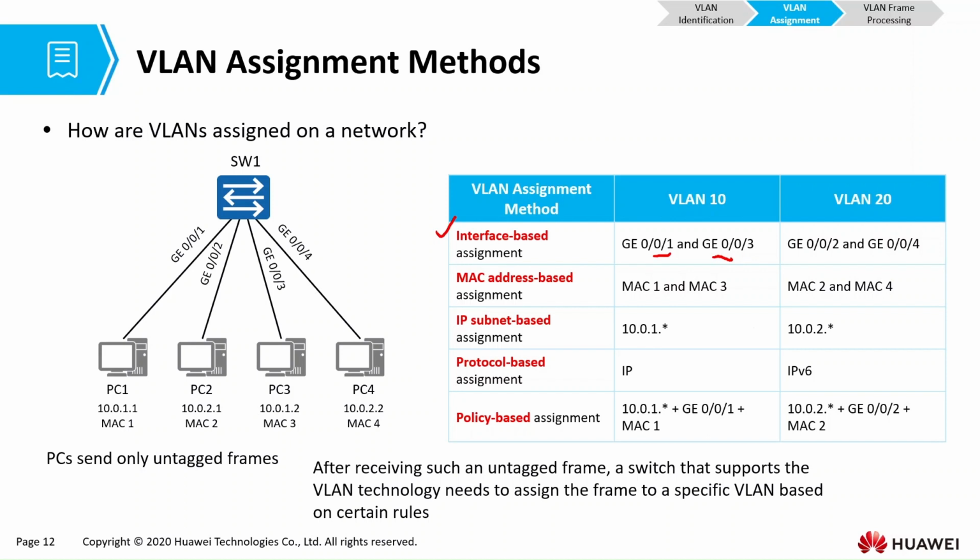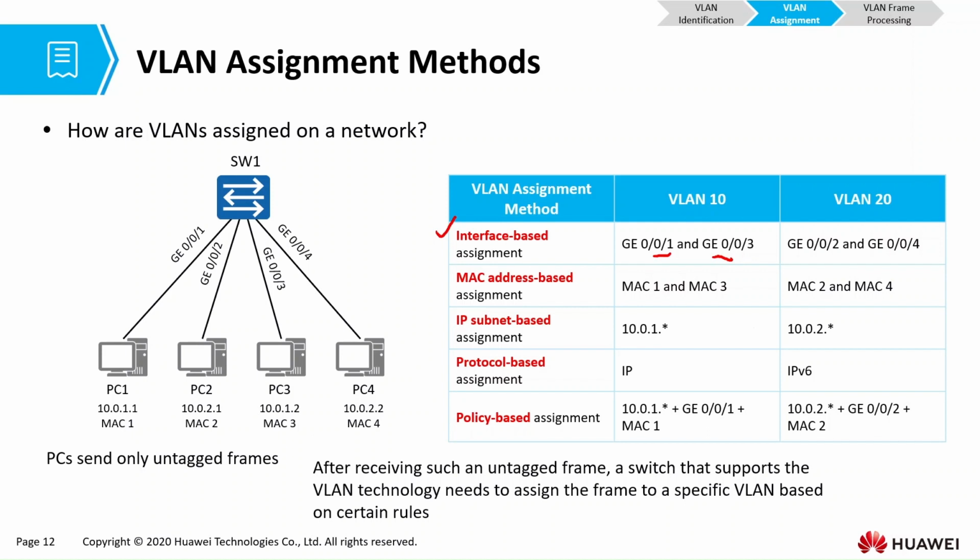Another one is under the advanced methods, which you will not explore in HCIA Datacom, but you should know you can also assign the VLAN based on IP subnet, protocol, and policy. So how many methods can you use to assign your VLAN?